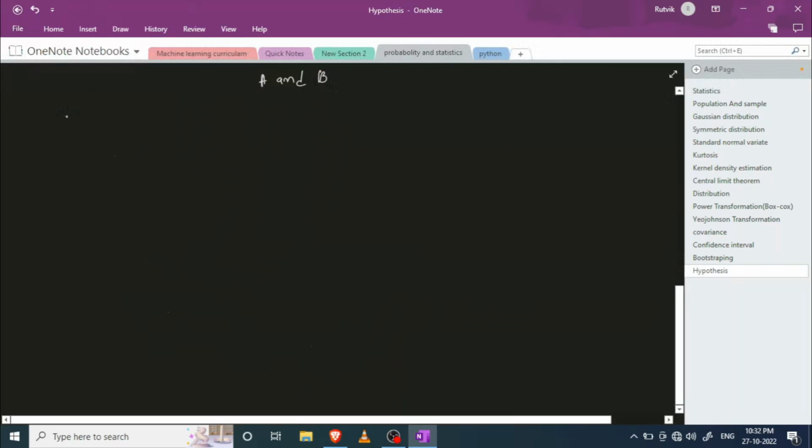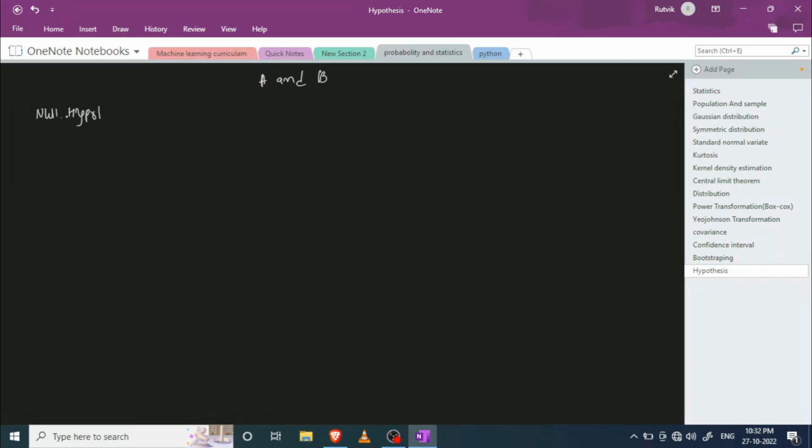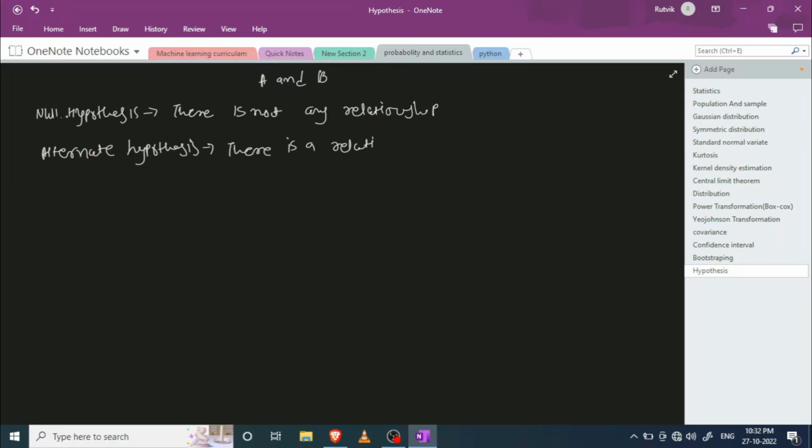We have made the assumption that the null hypothesis is that there isn't any relationship, and the alternate hypothesis is that there is a relationship, right?